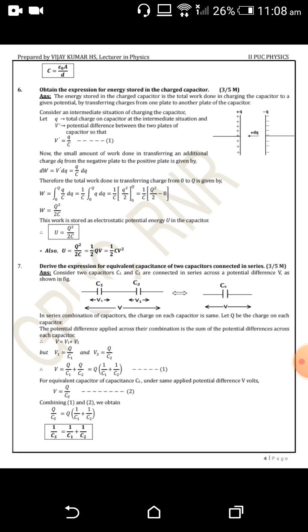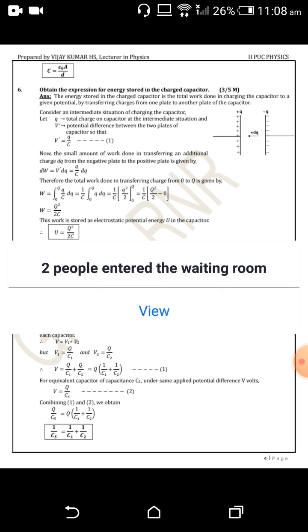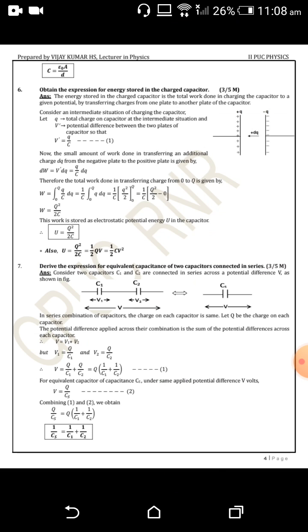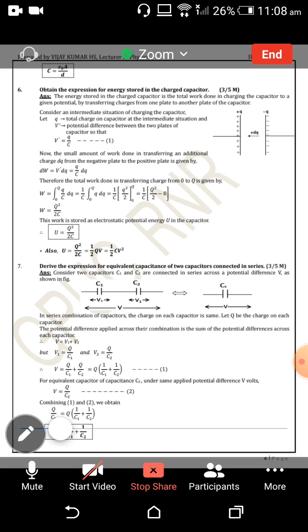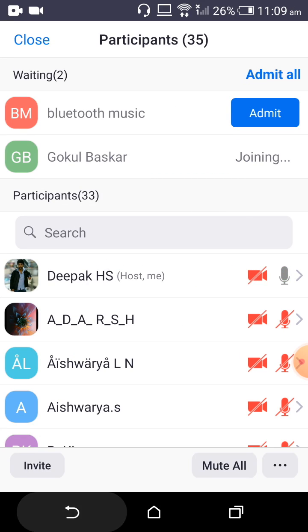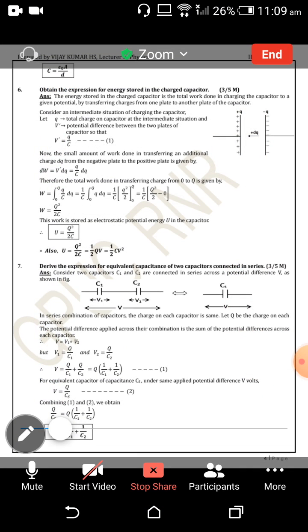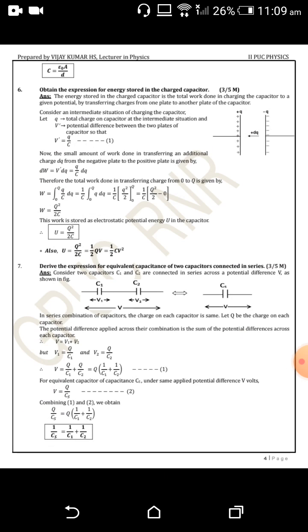Now coming to the derivation, consider an intermediate situation of charging the capacitor. Let Q be the total charge on the capacitor at the intermediate situation and V dash be the potential difference between the two plates of the capacitor, so that V dash is equal to Q by C. As you know, the potential between the capacitor plates is written as V is equal to Q by C, or C is equal to Q by V, right?